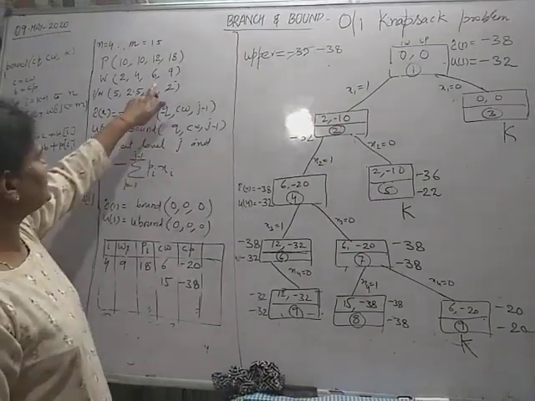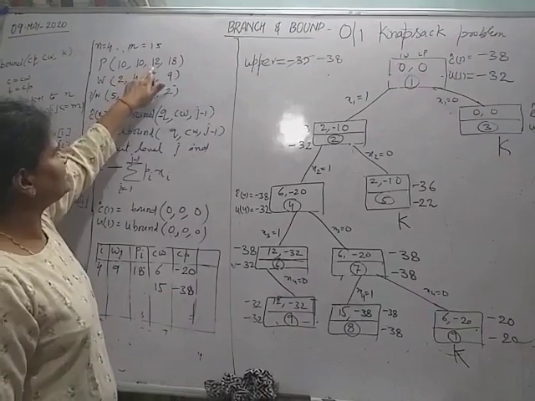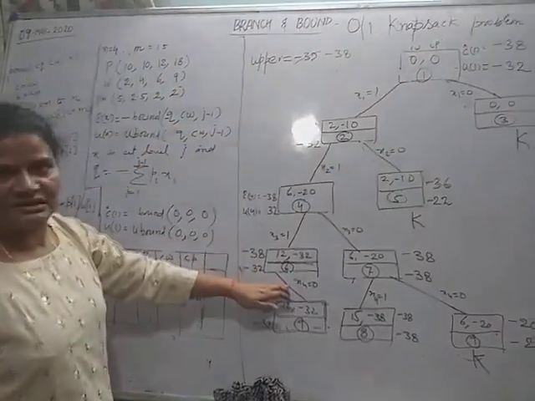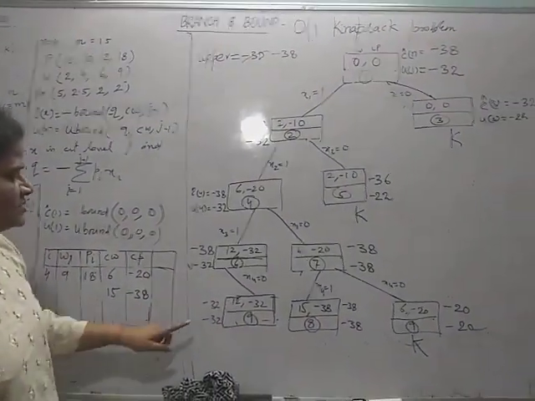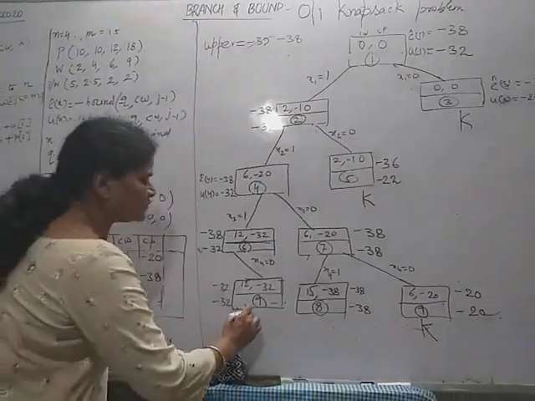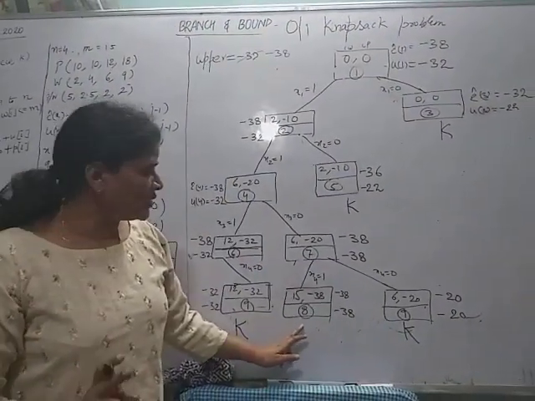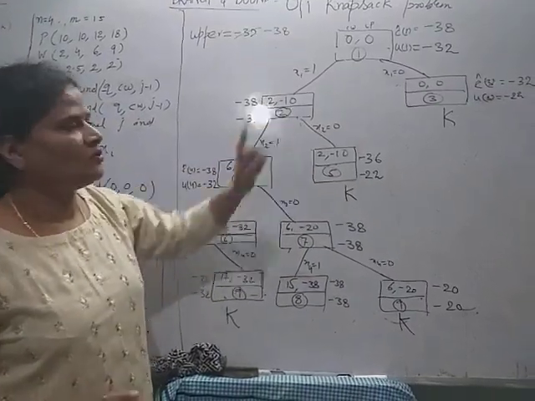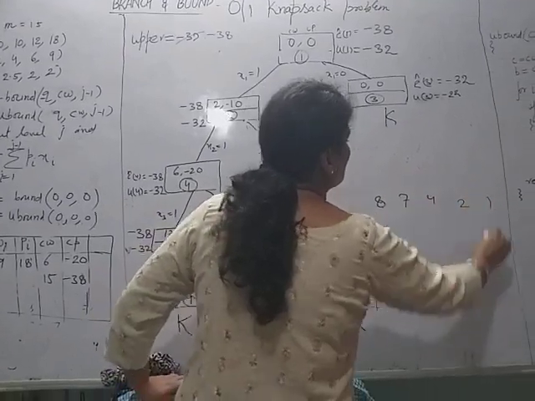So 10 plus 10, 20, 30, 32, and because I am not including the fourth object, its lower bound is also minus 32. Again its lower bound is greater than minus 38, so this node is killed. So finally I am having only one node. The path is 8, 7, 4, 2, 1.